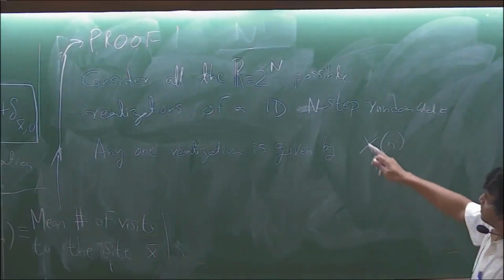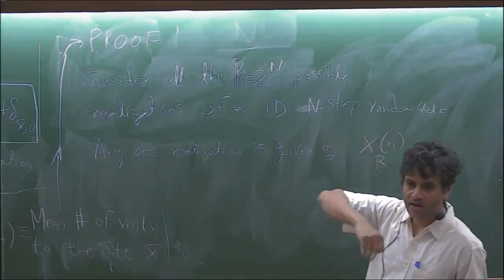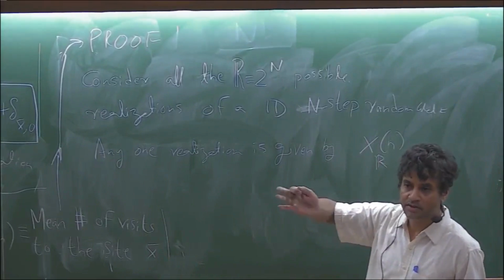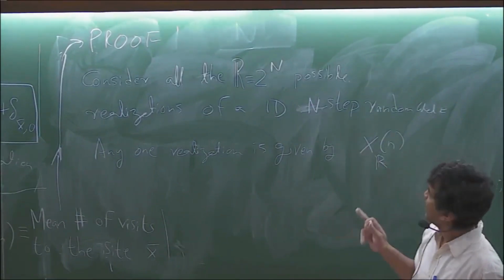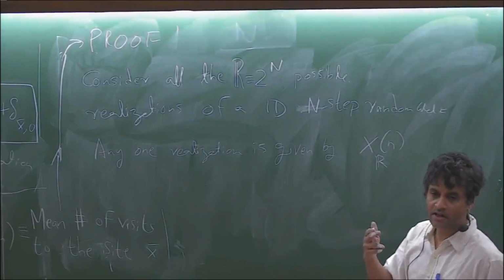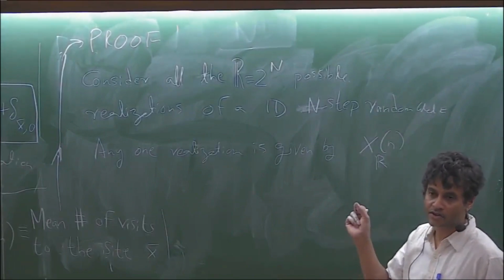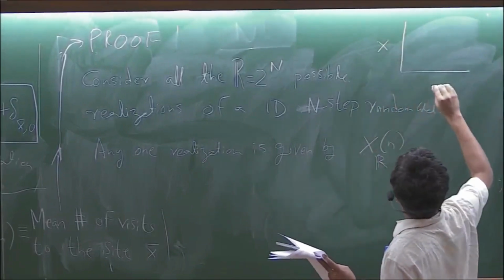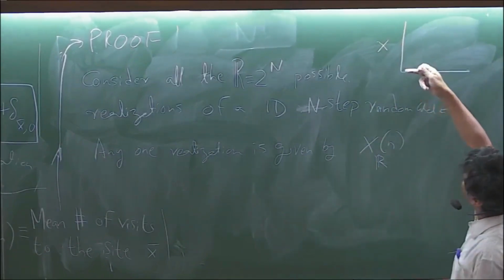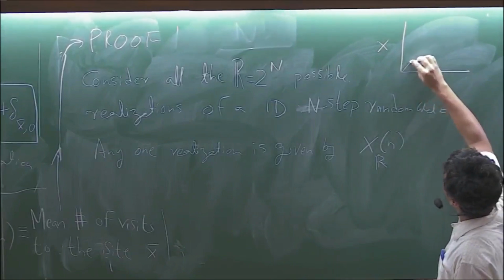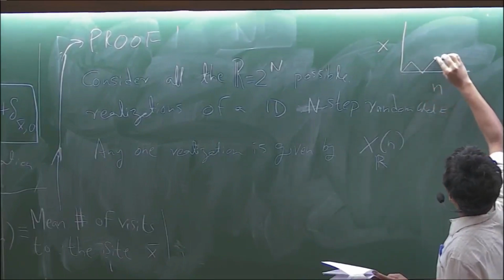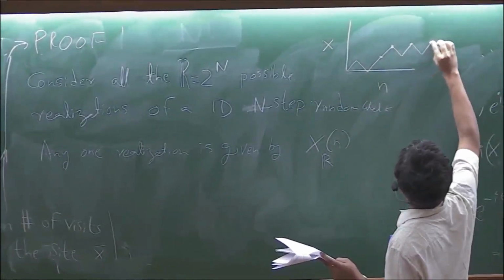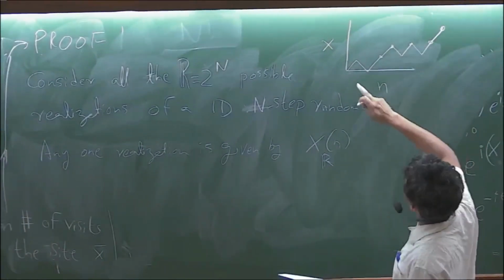Okay, so if I have an n-step random walk in 1D, then there are 2 to the power n possible different trajectories, right? And each trajectory means basically the position x is some function of time. So this is x as a function of n, and one trajectory could be like that.